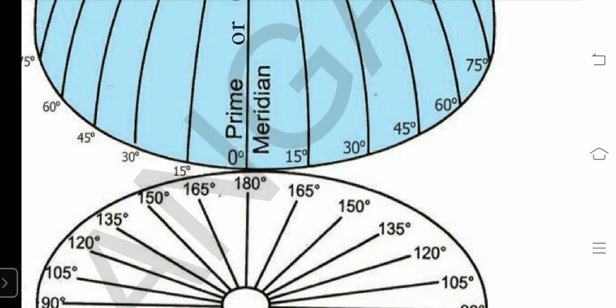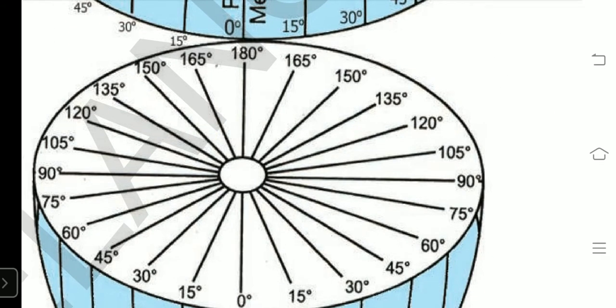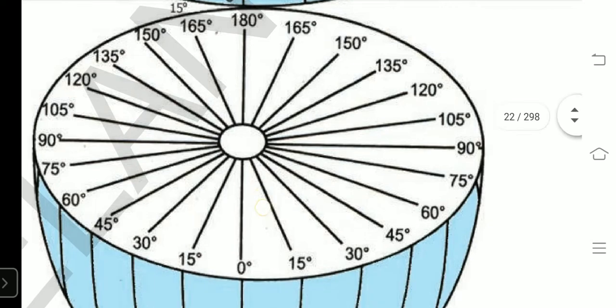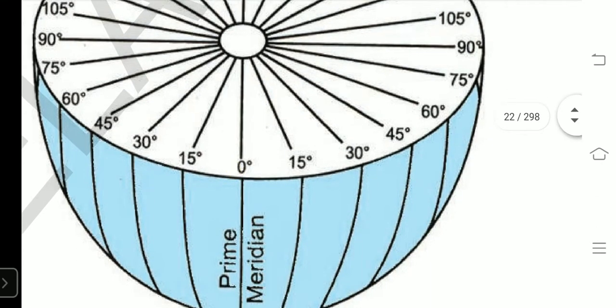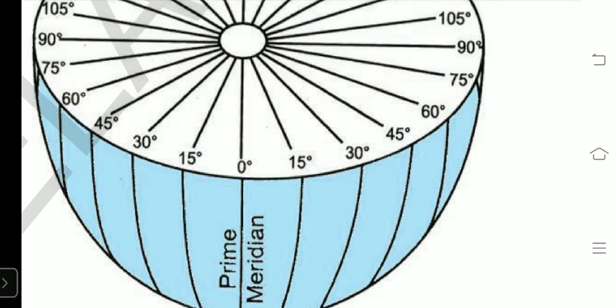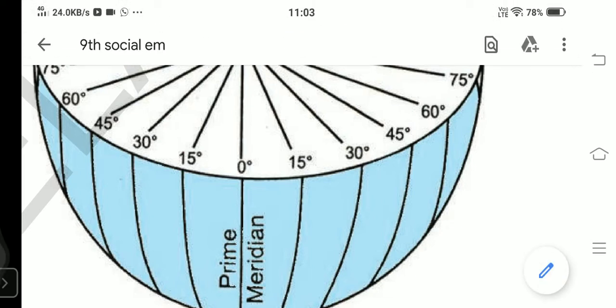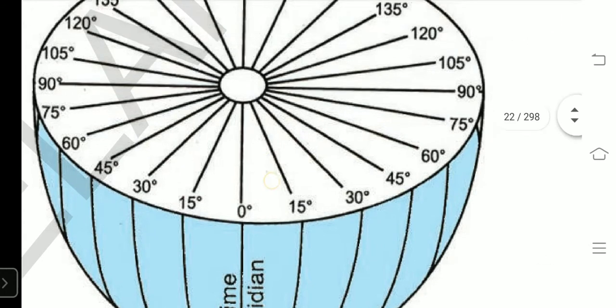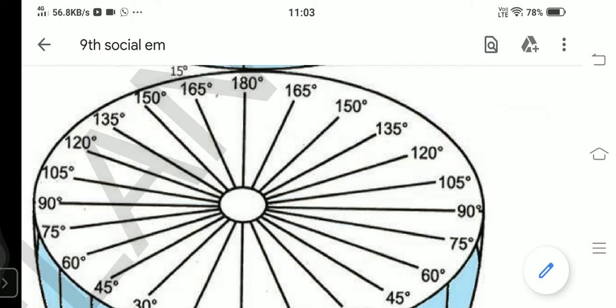So here, dear students, for example, it is Monday. One example given here. If it is Monday 12 o'clock on 0 degrees prime meridian, then Monday 1 o'clock on 15 degrees east. Then Monday 2 o'clock on 30 degrees east. On 45 degrees, it is 3 o'clock Monday. It means that on 180, it will be 12 o'clock night.